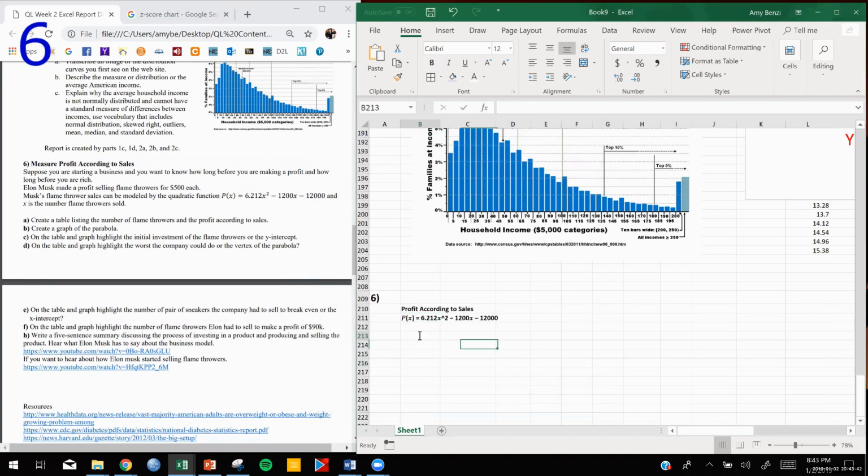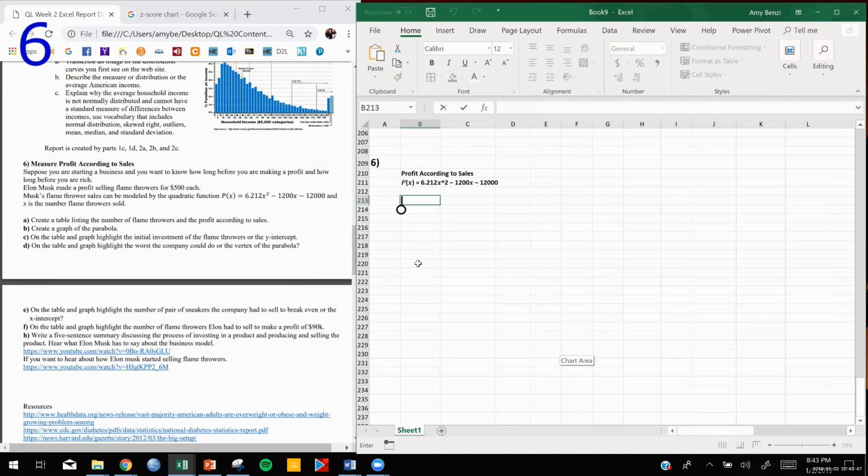All right, now I am going to create a table, a T-chart. Some of you have created T-charts before, and you might recall that T-charts include an X column and a Y column. That's commonly what we call them. And the X represents the input, and the Y represents the output.